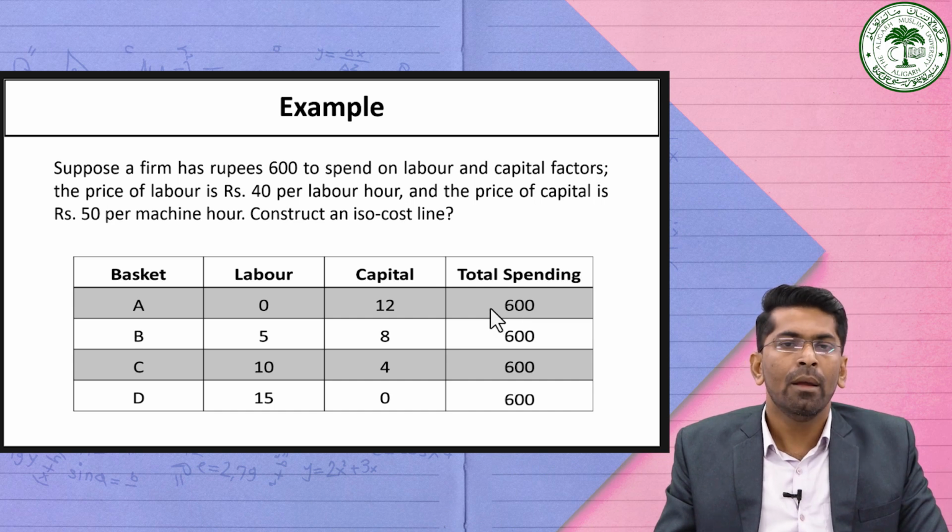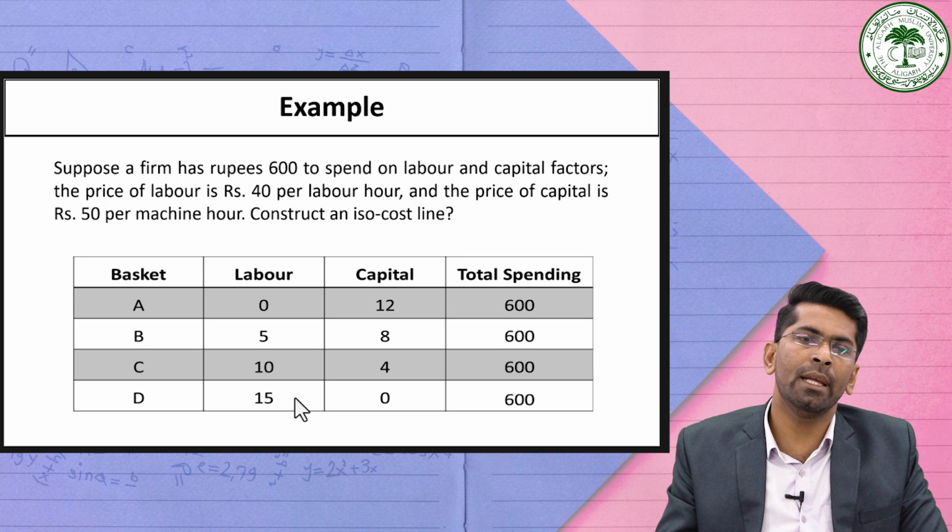Or he can use combination B, where he can purchase 5 units of labor and 8 units of capital using 600 rupees. Or he can purchase C, 10 units of labor and 4 units of capital, and D, which is 15 units of labor. At that point he is unable to purchase capital. He is only using labor.